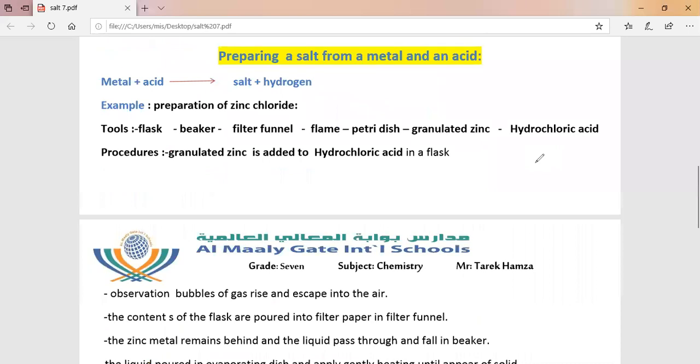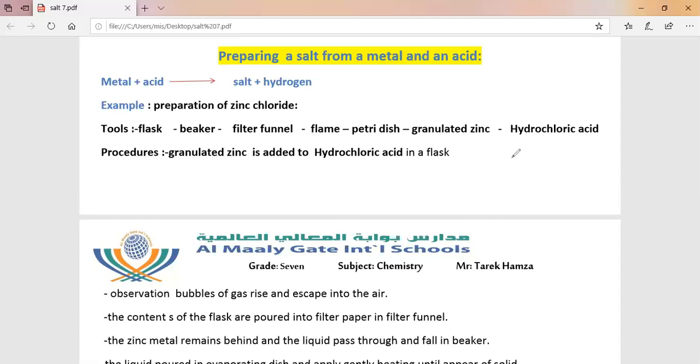Listen to me carefully. Preparation of zinc chloride: when metal reacts with acid, there is formation of salt and hydrogen. Granulated zinc is added to hydrochloric acid in a flask.